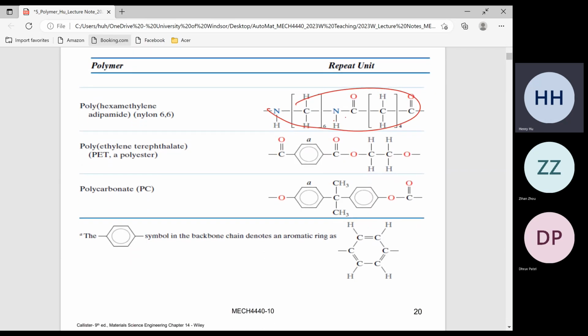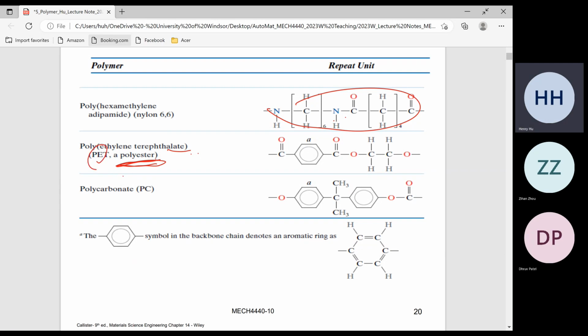And then polyethylene terephthalate, whose commercial name is very often polyester. In short form it's called PET.